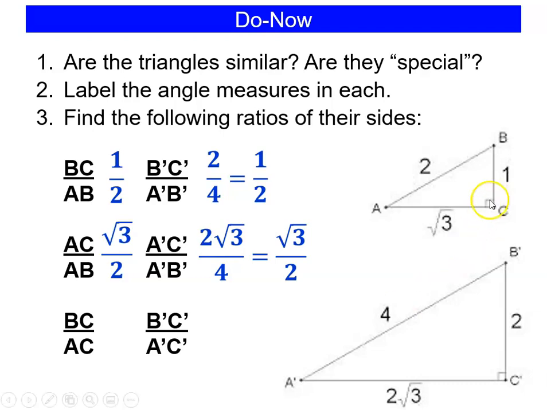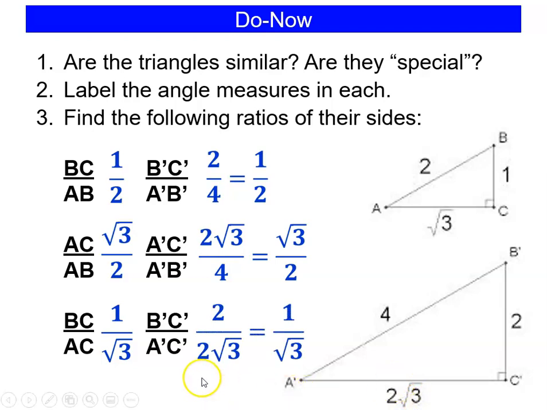And the last one, BC to AC, here is 1 to radical 3, and B prime C prime to A prime C prime also reduces to 1 over radical 3. So, something very interesting here. These similar triangles had the exact same ratio of sides, and trig functions are functions that are assigned for an angle.